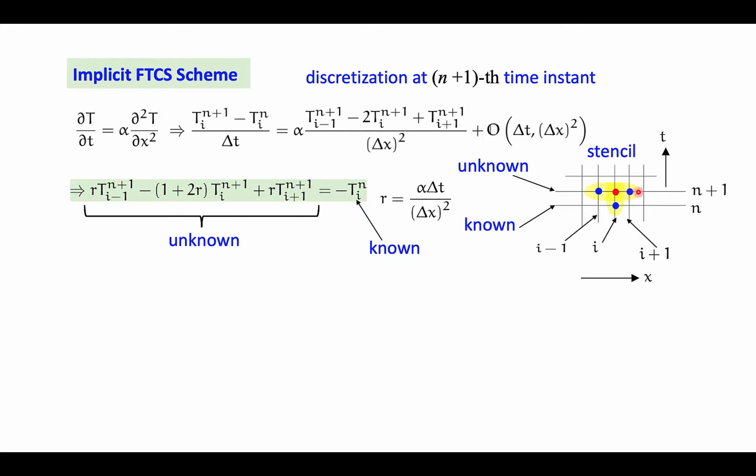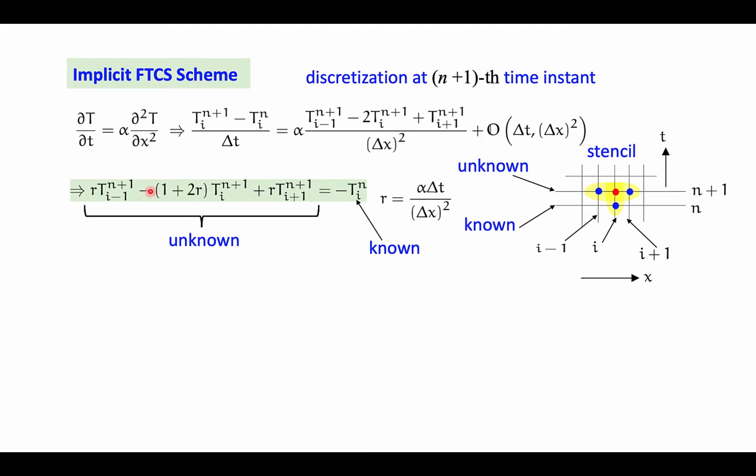Nevertheless, all three of them are unknown because they are at n plus 1th time level. So think about that we are marching in the direction of time in this stencil, and the x direction is here like horizontal direction.